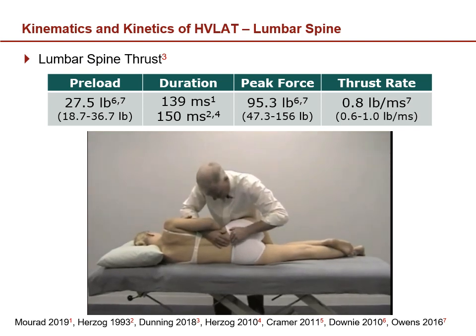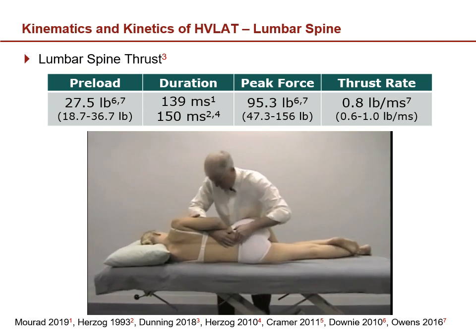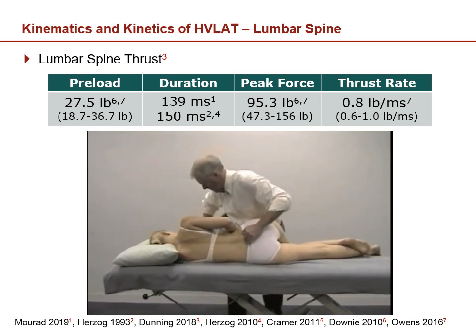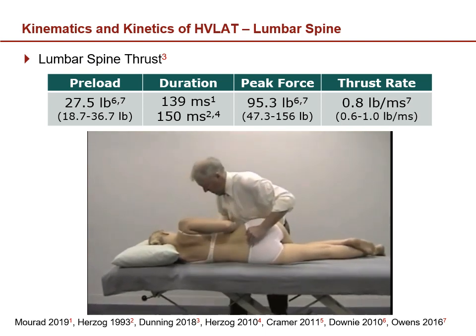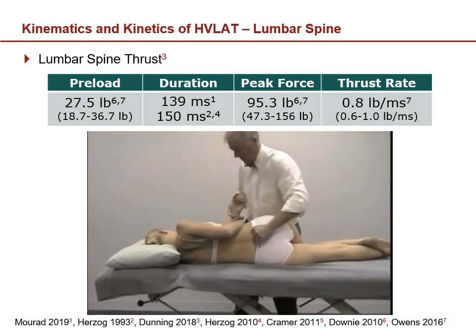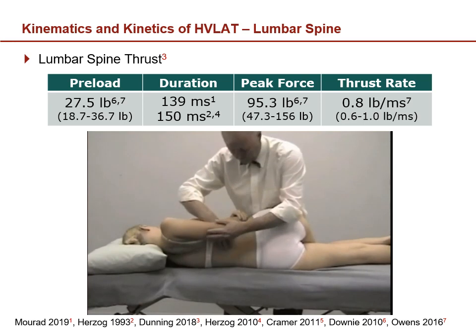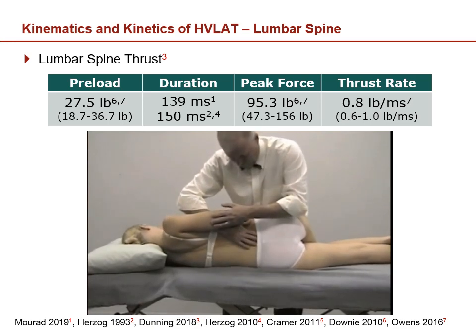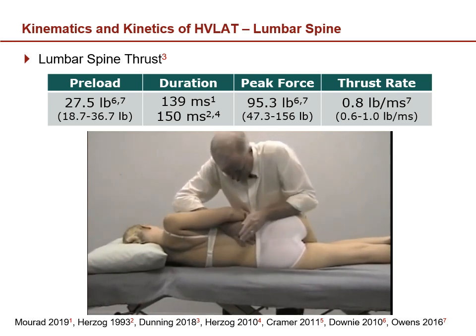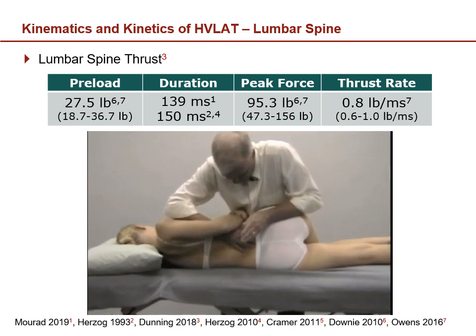And so you can see the technique here, patient in a neutral spinal position. From what we talked about previously, you can note the coupling motions that are otherwise applied. So she's in right rotation. This is a neutral spinal technique.